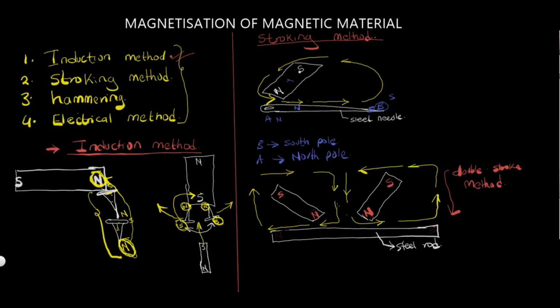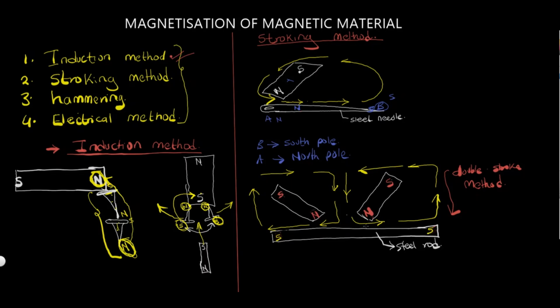So remember we said that at the end of the stroke, it will acquire a polarity that is opposite to the polarity of the side used in stroking. So if this is the north pole, then definitely this part will be the south pole, and if this is the north pole, then definitely this will be the south pole.